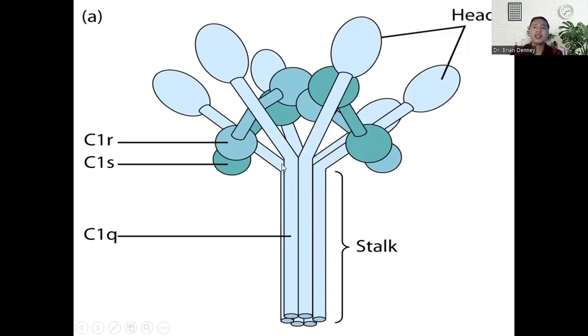Listen, what is the importance? Why do I need to point this out? Class, why do I have to spend so much time on explaining this? Because this is not nonsense. It has actually a role in the activation of your complement system. Otherwise, if you have defective C1 complex, your complement classical pathway will not be activated at all.